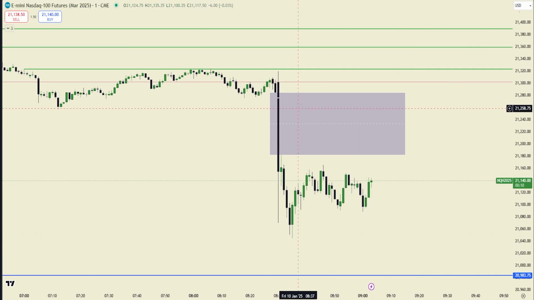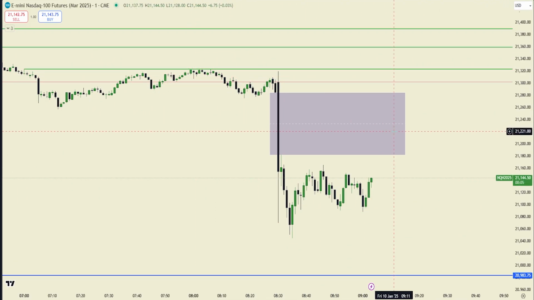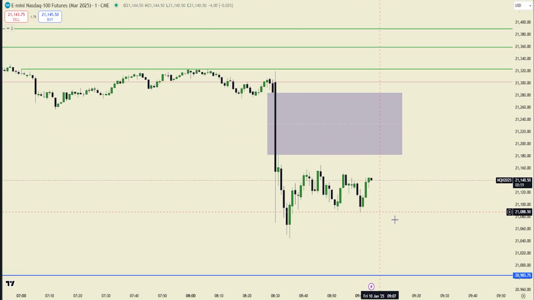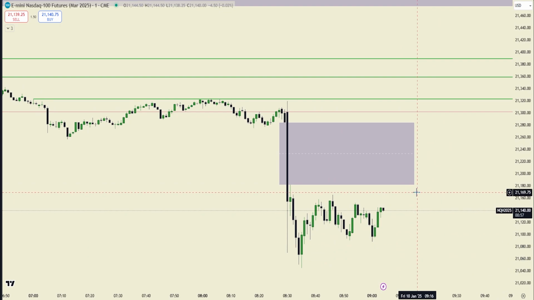Now they also are next to the data wick, so we have two good pools of liquidity up there that we can target later on. So I'm actually okay with the equal highs being left because now we can target even more points than if we would have swept them, after NFP came out.